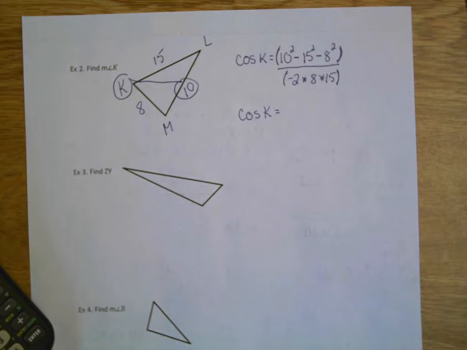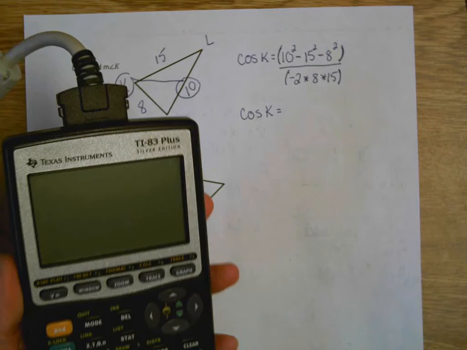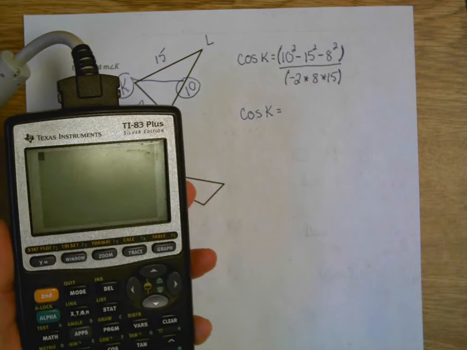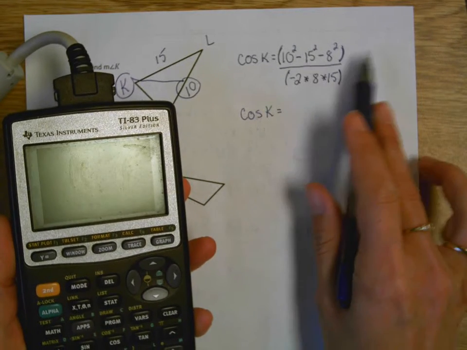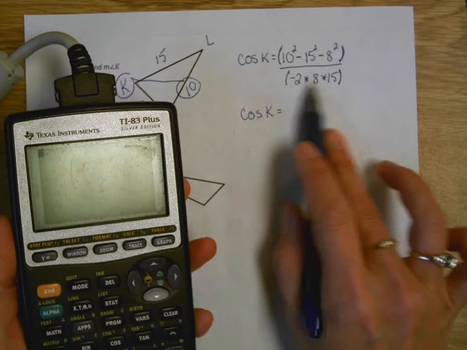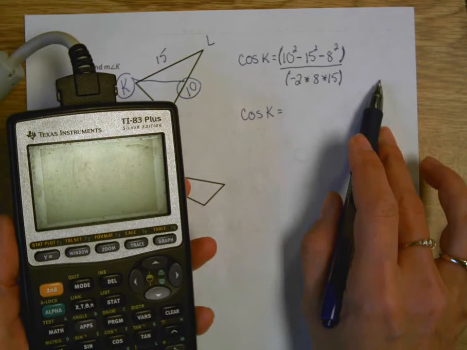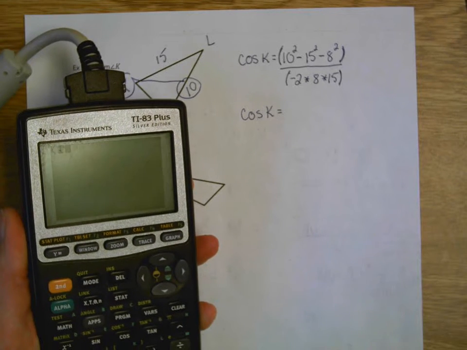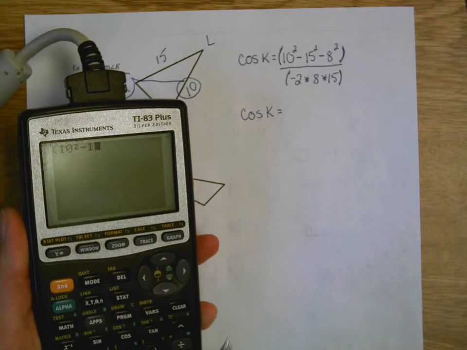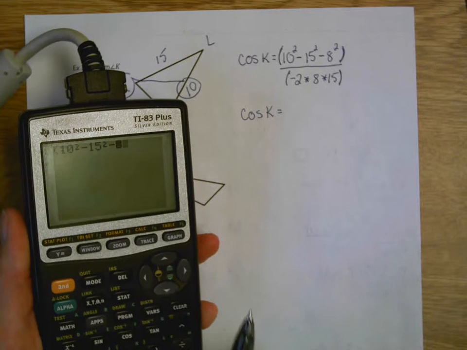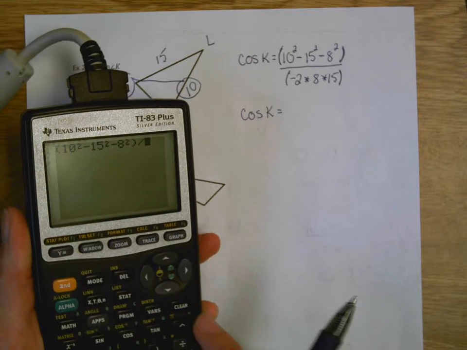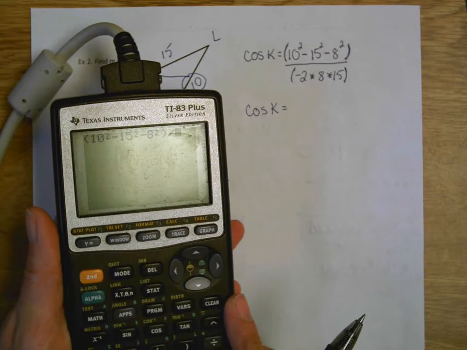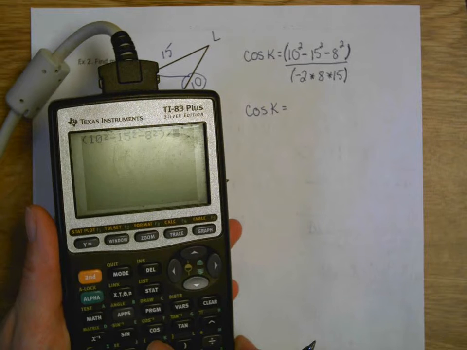Okay, try it. I want everybody trying it. Use parentheses. If you don't have parentheses, you've got a really old calculator, then you've got to work out the top, write that number down, work out the bottom, write that number down, and then divide those two answers. So I'm going to use parentheses, and then use parentheses on the bottom.